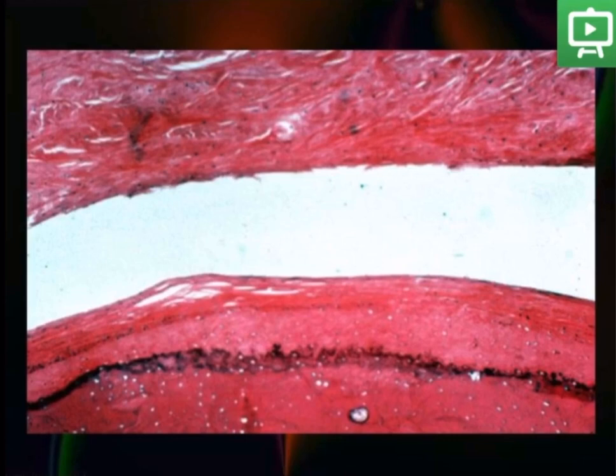We see the transition zone between the very superior layer here, the very superficial layer, the lamina splendens, which is a very smooth surface, and the layer which is made of parallel collagen fibers, and the deeper layer of perpendicular collagen fibers.